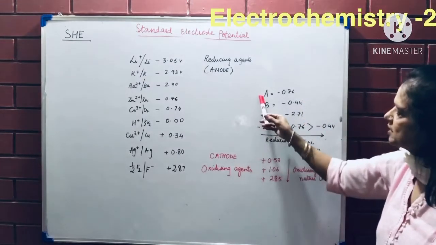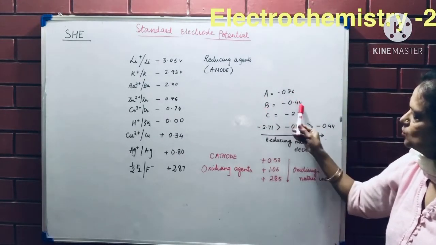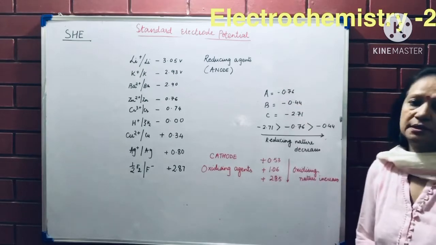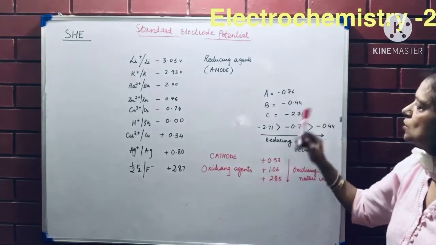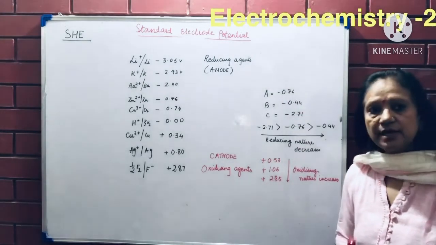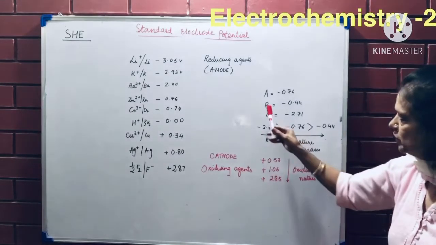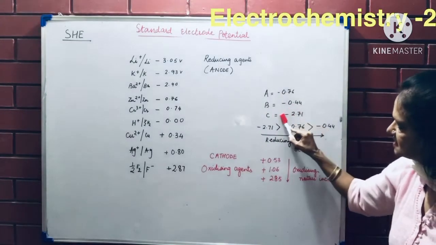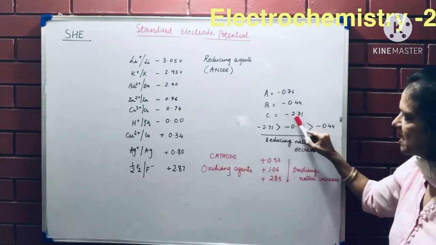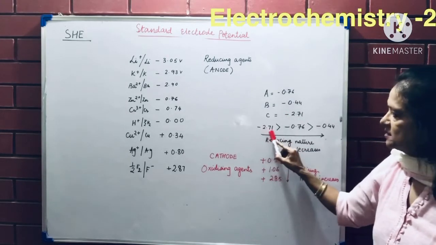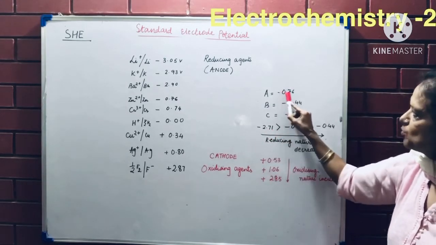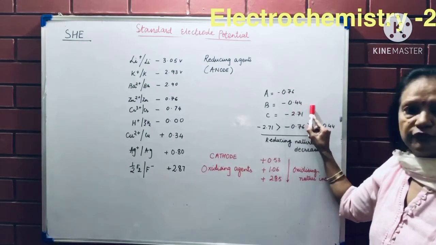Now suppose you are given A value is this, B value is this, C is this. All of them are at the moment negative. So put them in order of their reactivity. You will put them in order of reactivity with the maximum negative value first: minus 2.71, then minus 0.76, then minus 0.44.